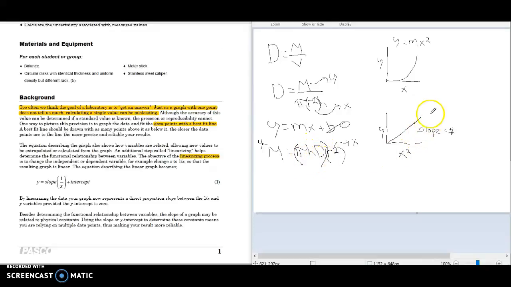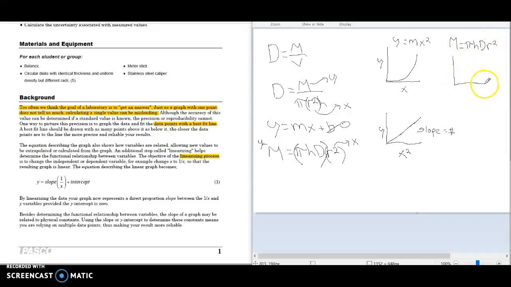If we were to take this equation, instead of writing it y equals mx squared, let's write it in this format. So in the y slot, we have mass. Over here, in the slope slot, we have pi h d. In the x slot, we have r squared.